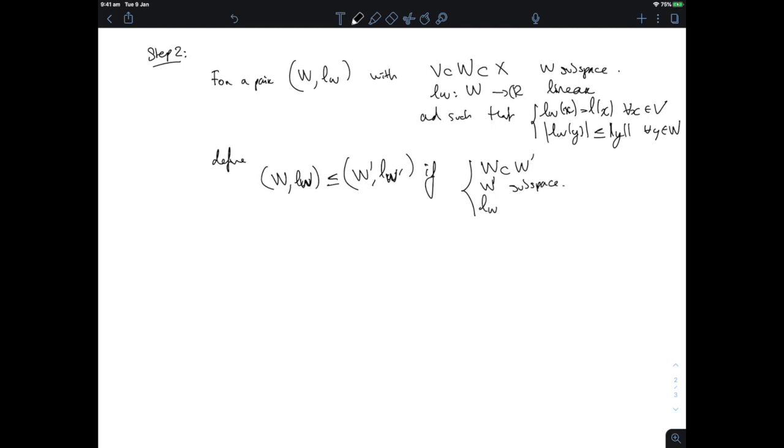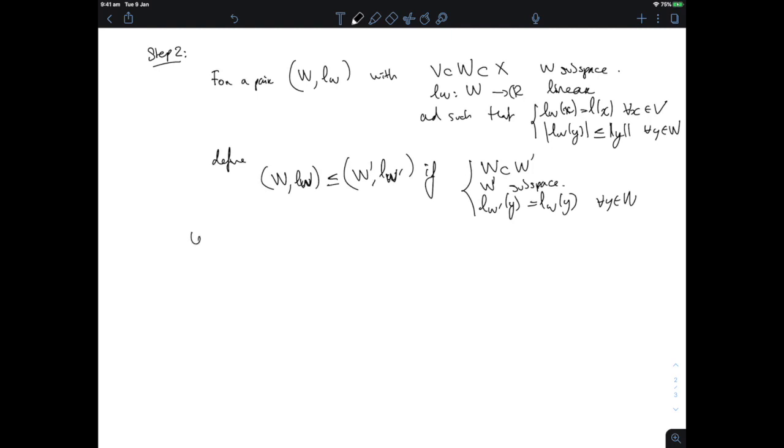And LW prime is really an extension of LW, as in it matches LW on W, right? So this order relation tells me that I'm really extending. I'm making the subspace bigger, and I'm getting a linear map from the bigger subspace that matches the linear map I had on the smaller subspace.